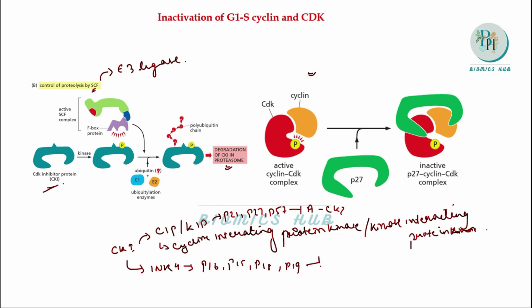They inhibit CDK4 or 6 and they inhibit cyclin D. Here we have an active cyclin CDK complex. The P27, when it comes and binds to the cyclin CDK complex, inactivates it. In this way, the G1-S cyclins as well as the CDKs are regulated.